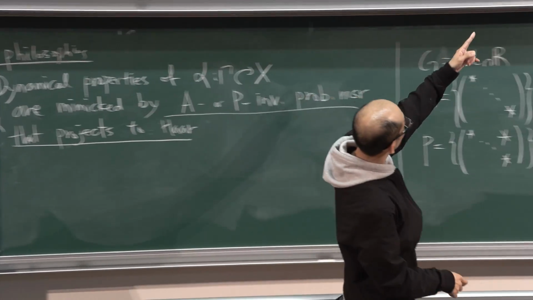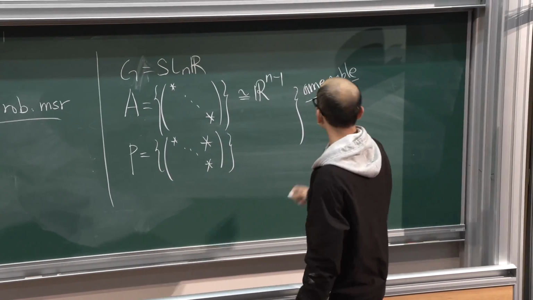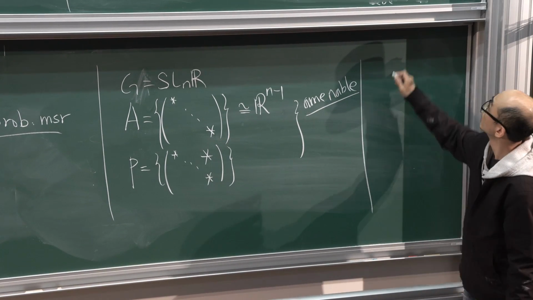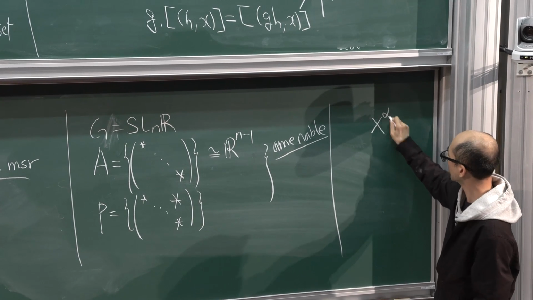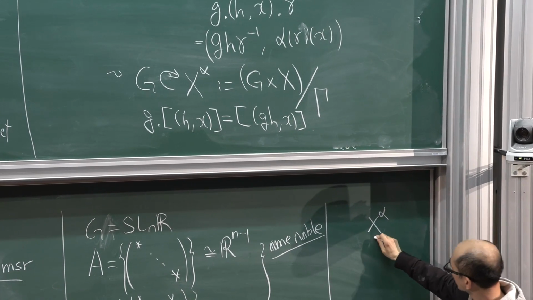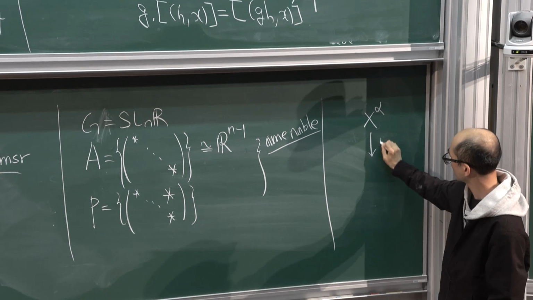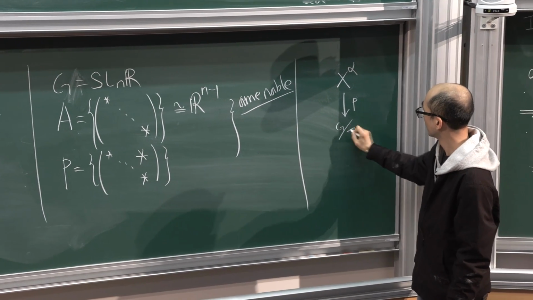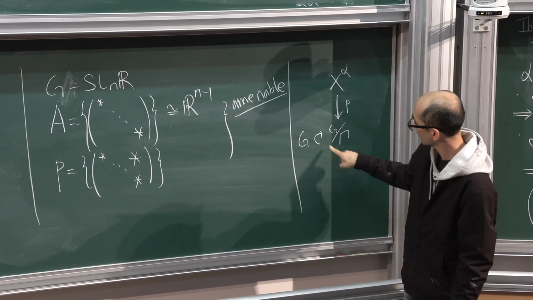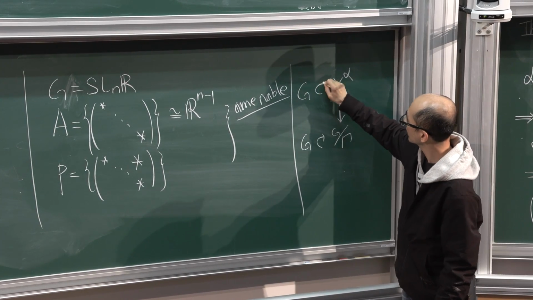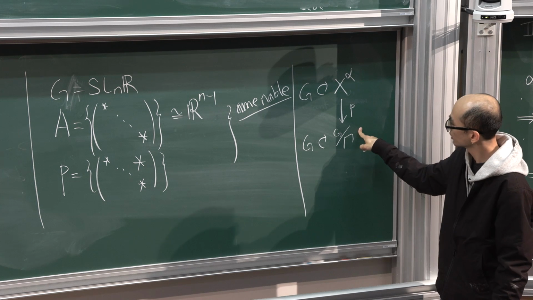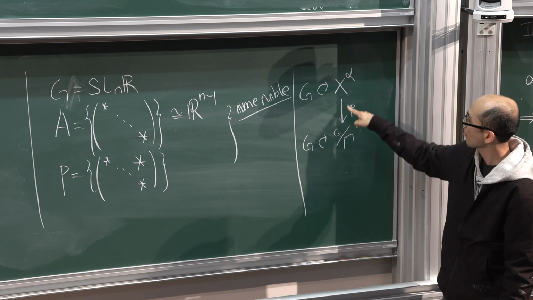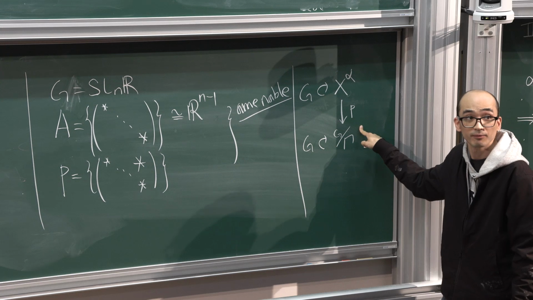If you think about the suspension here, then there is a natural fiber structure of X_alpha. You can easily see that there is a G-equivariant projection to G mod gamma. G acts here by left translation, and here by just translation. So this is just a surjection to G mod gamma, which is G-equivariant.